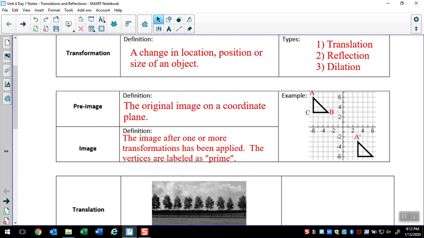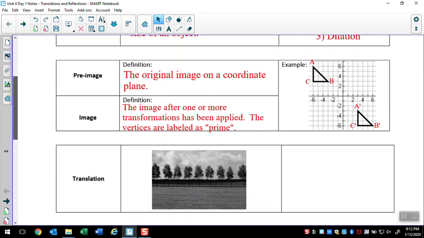You see how it's got that little apostrophe after it? We call that a prime symbol. A prime, B prime, and C prime. So this is the pre-image, this is the image.